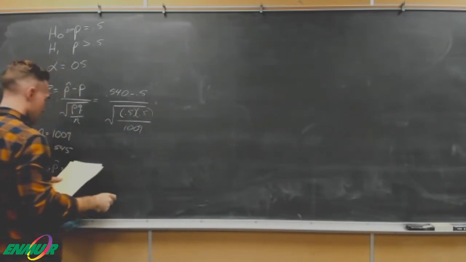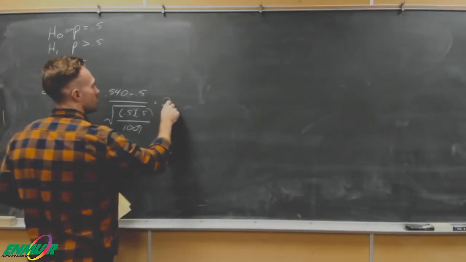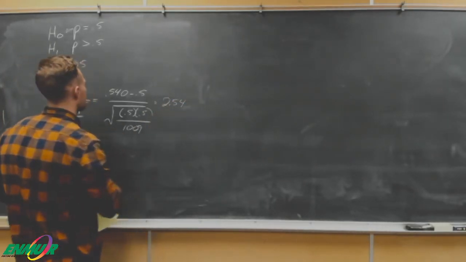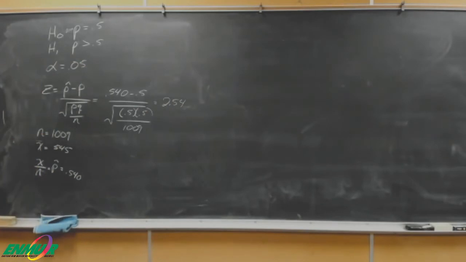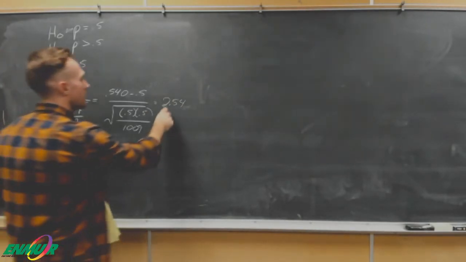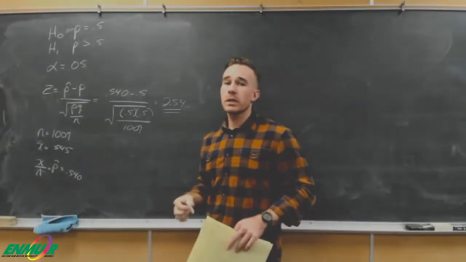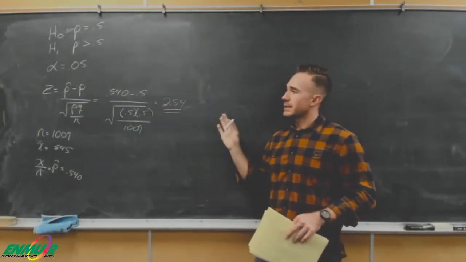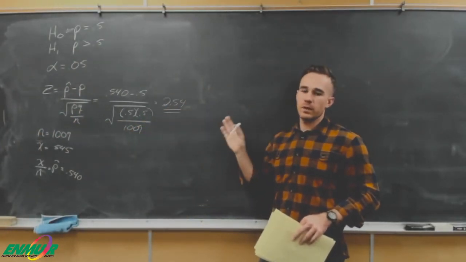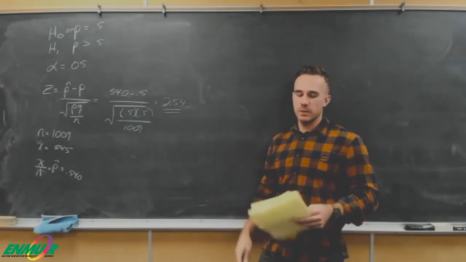That's going to get us a grand total of 2.54. Remember, that's a critical value. We can use that as a standalone, or we can associate an area with it. That's my test statistic that I want to compare to my level of significance.